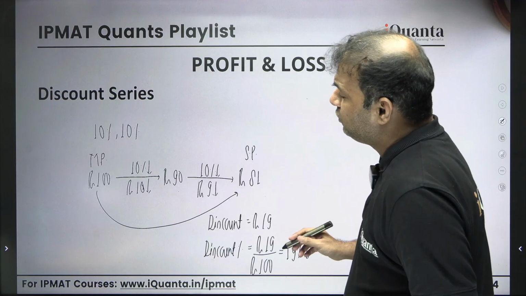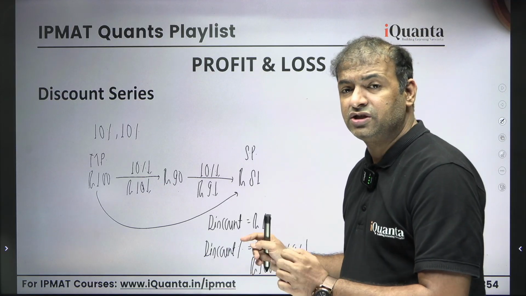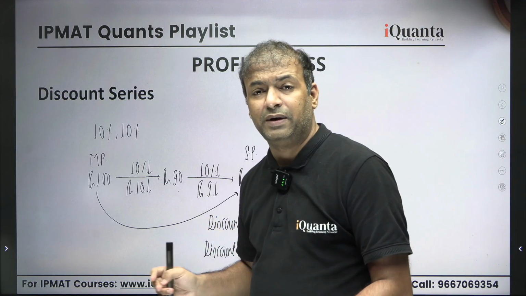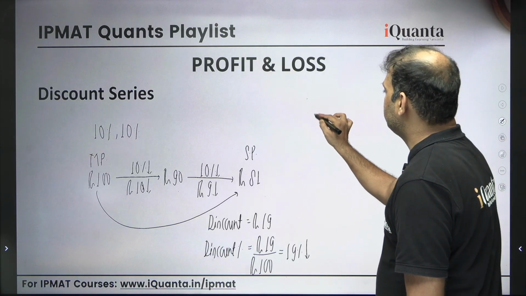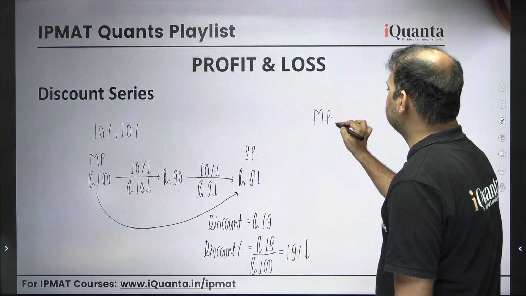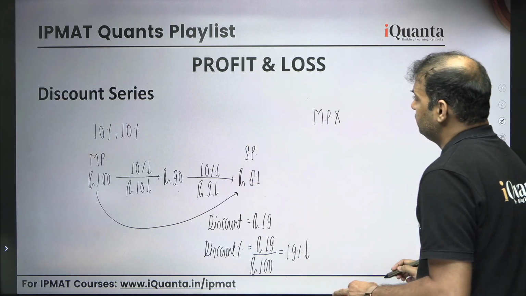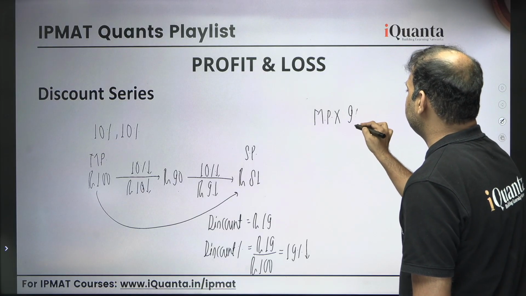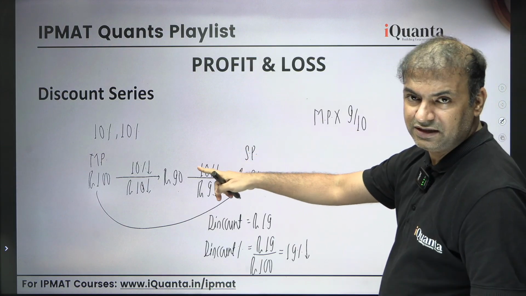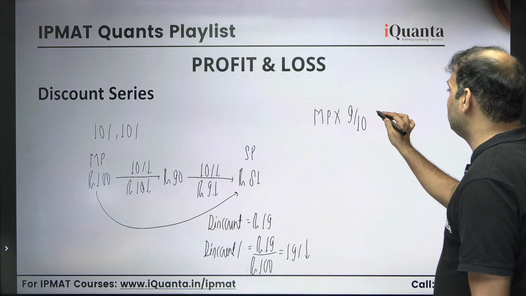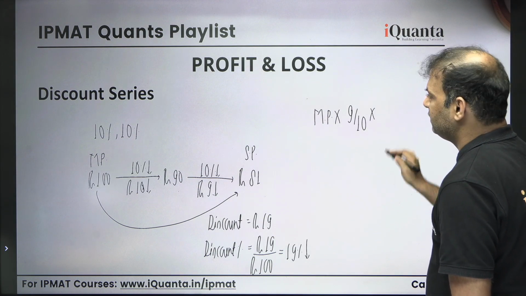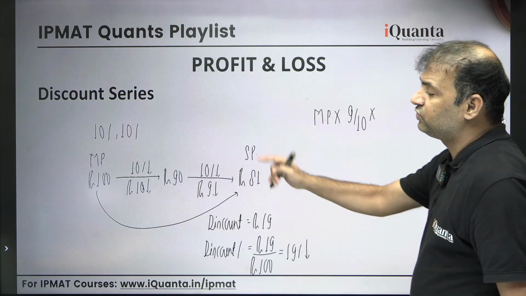All right, and we can also make the relationship of mark price and selling price by the help of the multiplication factor. Remember guys, initial value is the mark price, first discount percentage is 10%, so the multiplication factor has to be 9 by 10, 1 minus 1 by 10, simple. Now the second discount is also 10%, so we can multiply the multiplication factor again, which will be again 9 by 10.